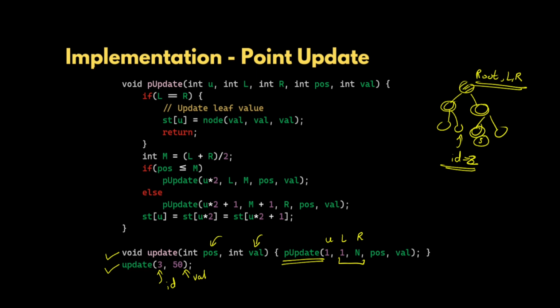Then we find out whether the updating index lies inside the left node or the right node. So we want to update the index in either the left subtree or the right subtree. Depending on that, we will recursively reach those nodes, and after a point we will reach the node which we want to update. To update that, we'll simply initialize it with the new value.